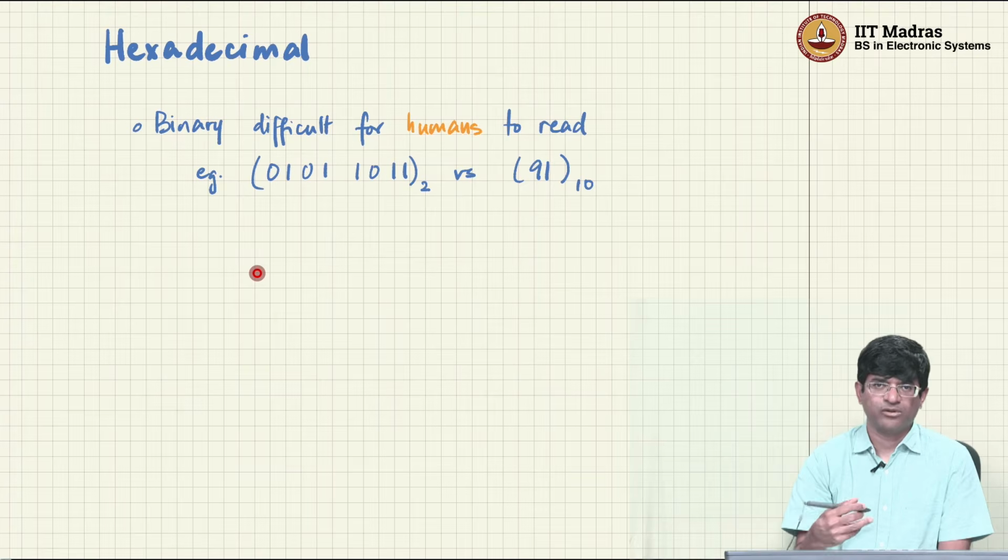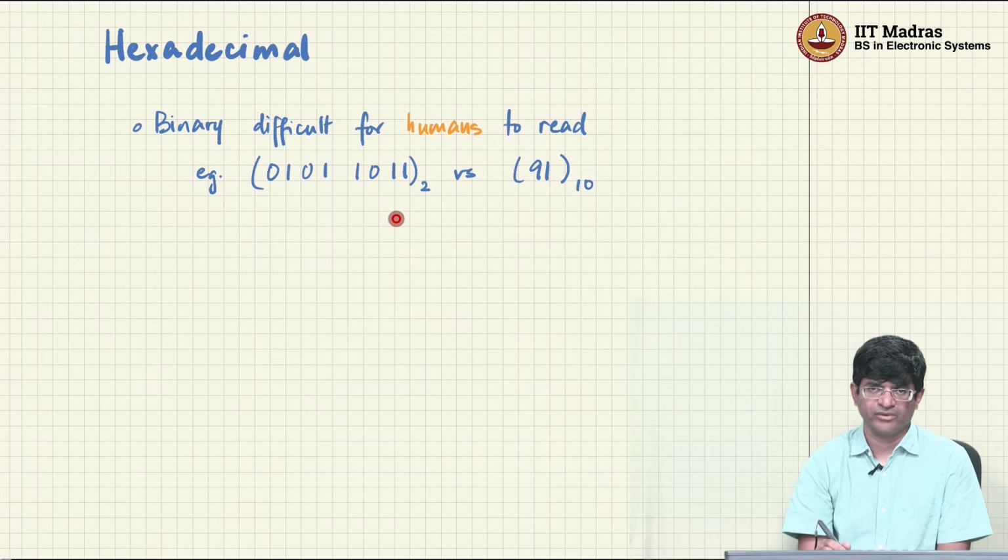Yes, I at least have a way of verbalizing it. I can't do that with binary, right? I just literally have to say 0101 1011, right? And hopefully not make a mistake while saying all of this, right? It's clearly not meant for humans, right? It's directed more at the computer.